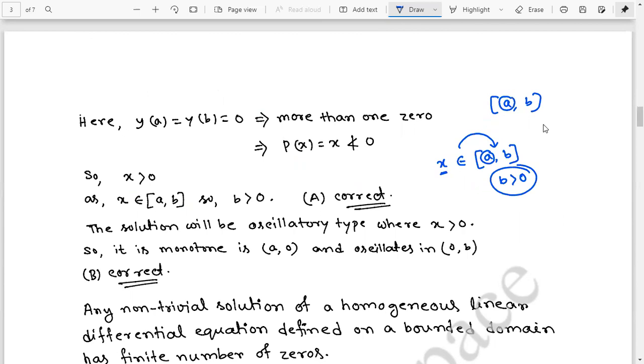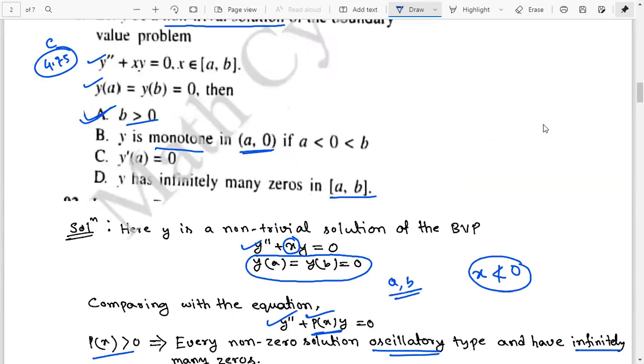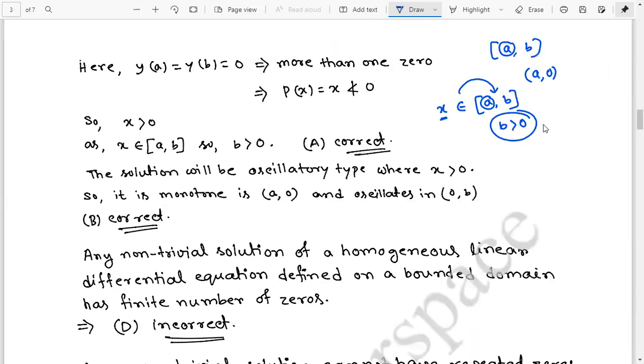So in this interval (a, 0), p(x) may be negative, and when p(x) is negative, in that case the solution will be monotone.